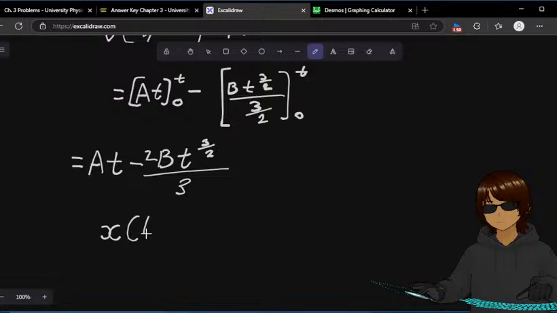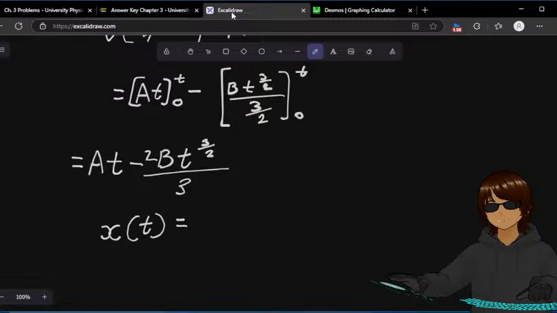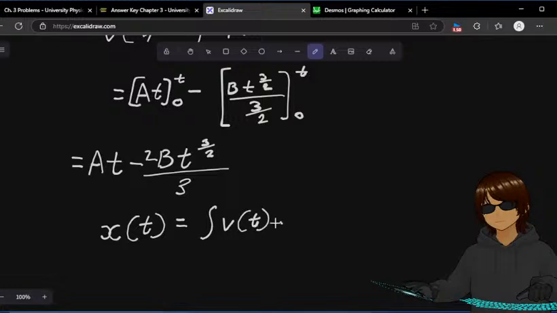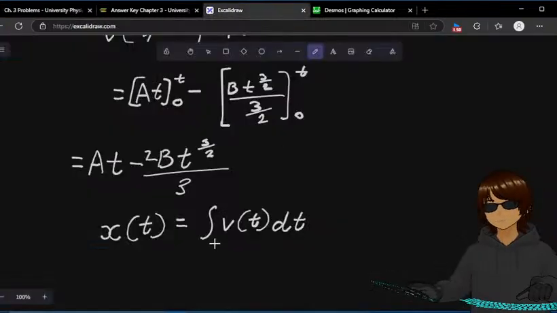the distance, which is the change in position, the integral of velocity. Did they give the initial and final during the same time interval? Let's do t naught.